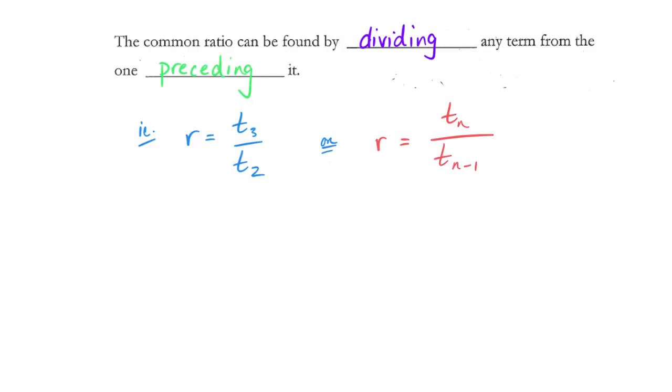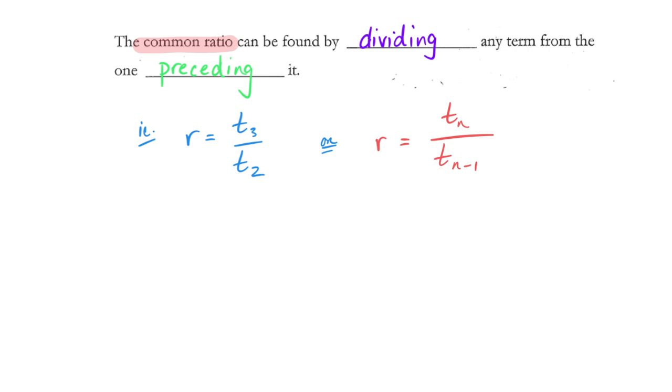If we're good that a geometric sequence is us multiplying by a value to go from term to term, then the way that we can find the common ratio is to divide any term by the one preceding it. What you see in blue on the screen is a very specific case. We could find r if we took term 3 and divided it by the term that came before it, term 2.